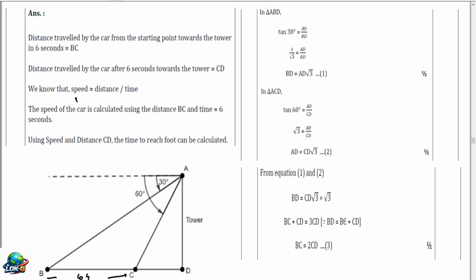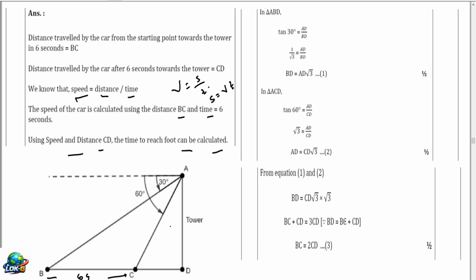We know that speed is given by distance upon time, right? Velocity is S upon T. To get the distance covered, you can take V into T. The speed of the car is calculated using the distance BC and time, 6 seconds. Using the speed and distance CD, the time taken to reach the foot can be calculated.